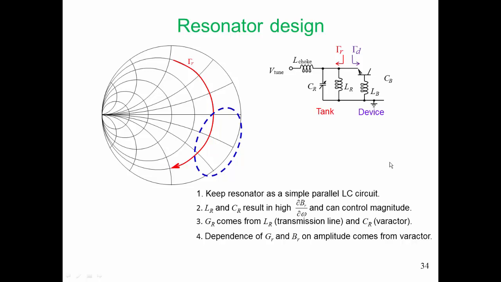There will be a dependence of the resonator conductance and susceptance. Ideally, this would not happen, but there will be some dependence, and that dependence will come from the Varactor, because of course the Varactor must be nonlinear if we're going to apply a voltage across it to change the capacitance.